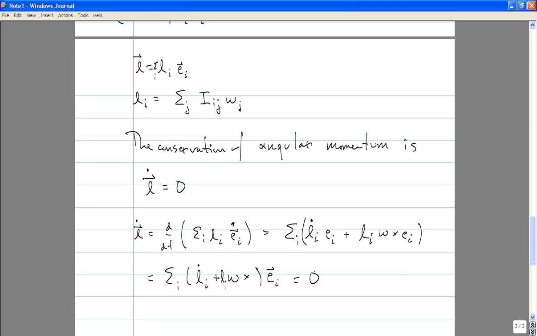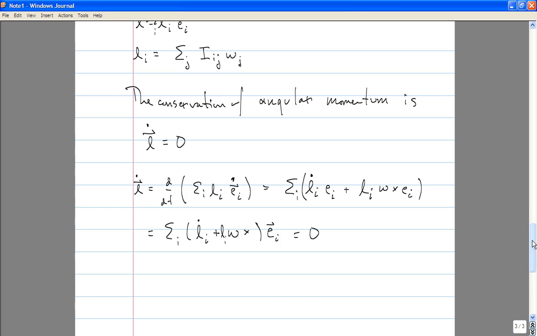And so if we go ahead and plug in our expression for Li, well, Li dot is the sum on j, Iij, omega j dot. Yes? You're taking Li dot Ei, and in the other part you're taking a cross product.